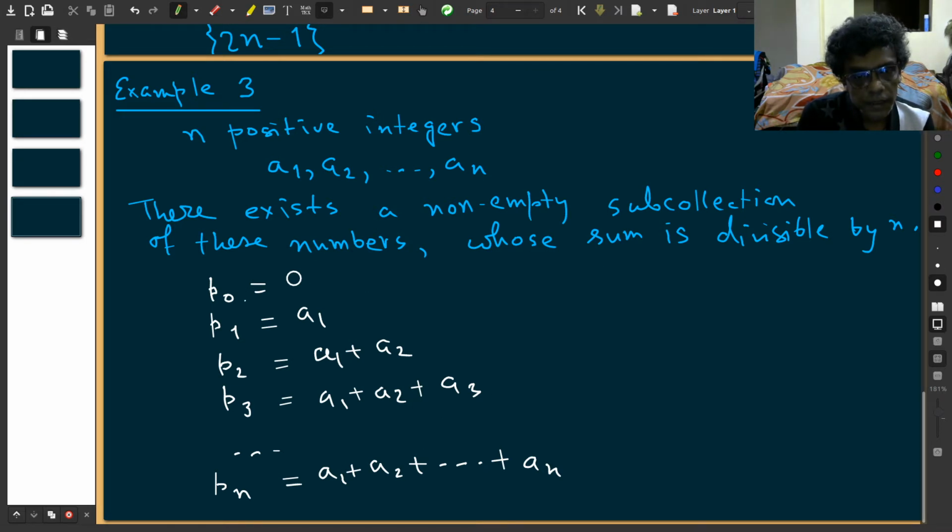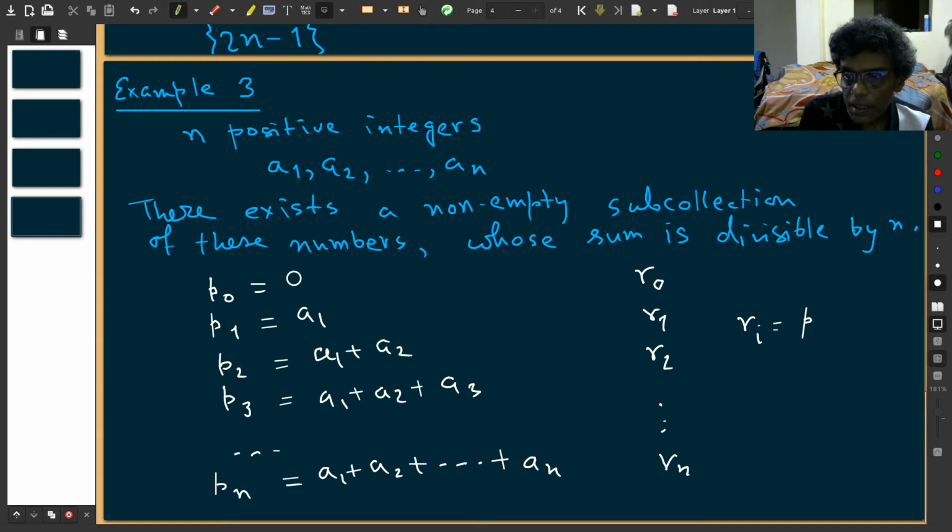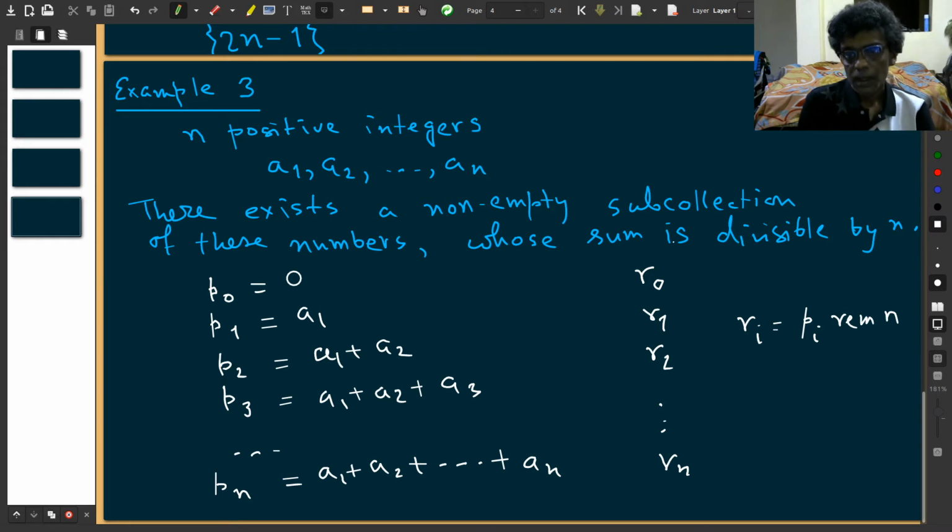And if you divide these quantities by n, let us say you get these remainders R0, R1, R2, and so on, Rn. So Ri is Pi remainder n for all i. Now, modulo n, you can have at most n remainders, 0, 1, 2 up to n minus 1.